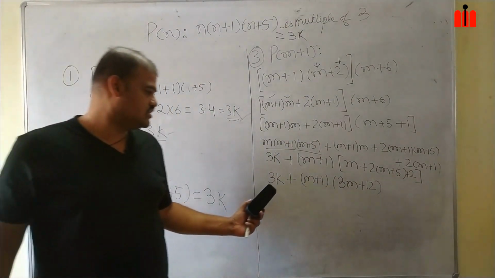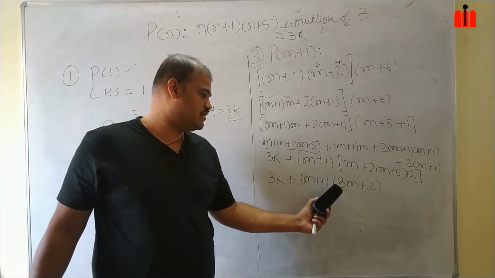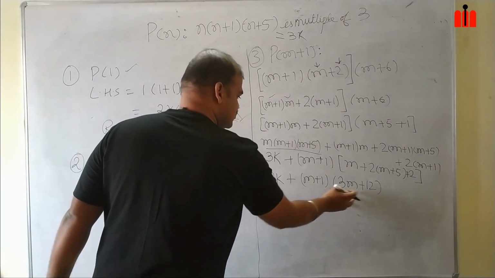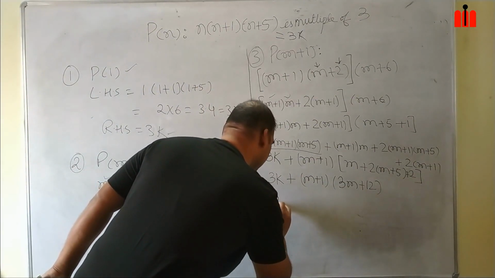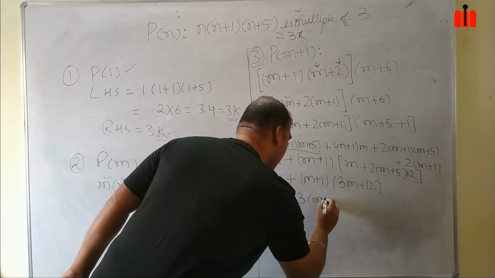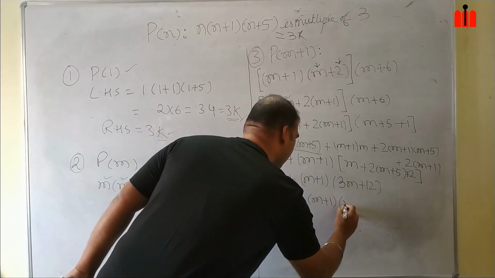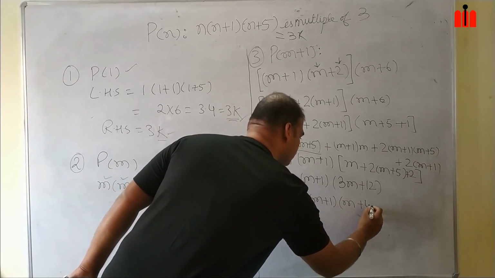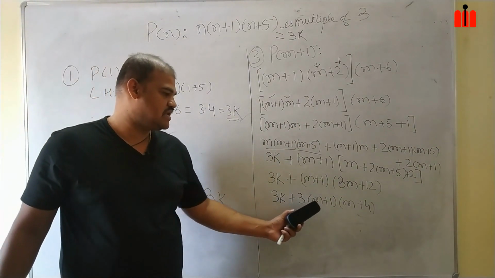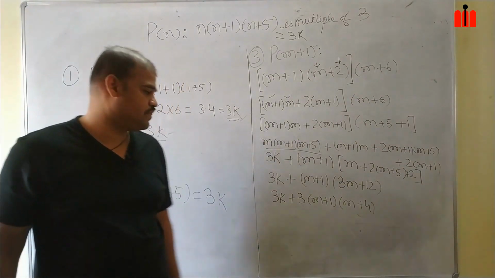So this is 3k plus m plus 1 into 3m plus 12. From this 3 is common, let's take 3 common: plus 3 m plus 1 into m plus 4, right? So 3k plus 3 m plus 1 m plus 4.